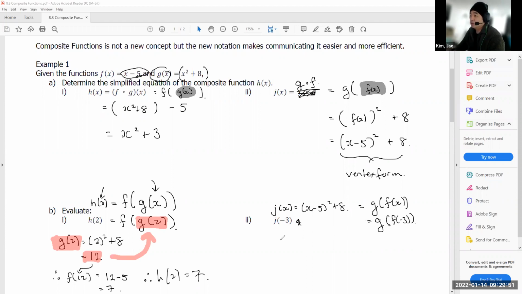And so what does that equal to? It equals to a -3 minus a 5. Oh, sorry. I realized I did it separately, didn't I? That means, let's see. So let's start with f of -3. That is equal to -3 minus 5, which is -8.